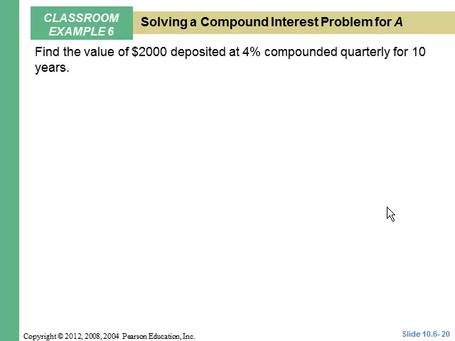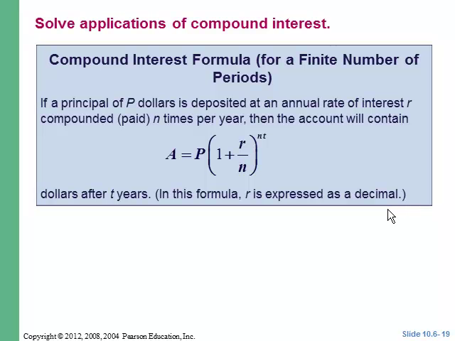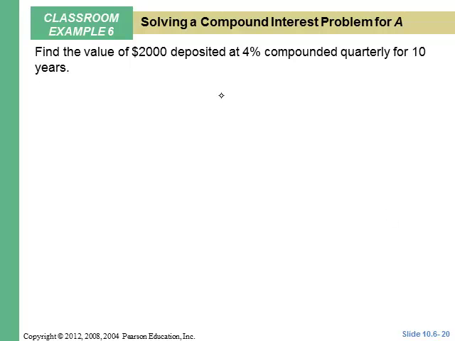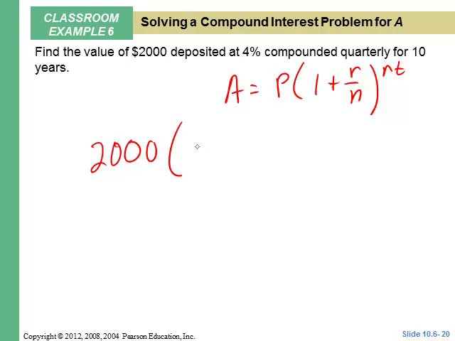Here's an example that deals with interest, and we use the formula A equals P times (1 plus r over n) to the nt. Find the value of $2,000 at 4% compounded quarterly.